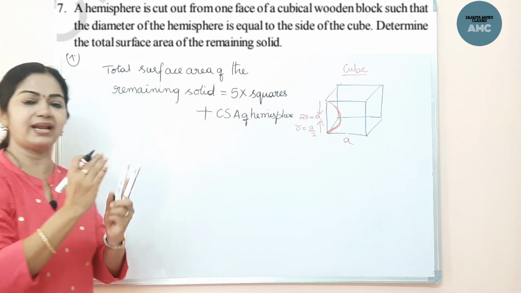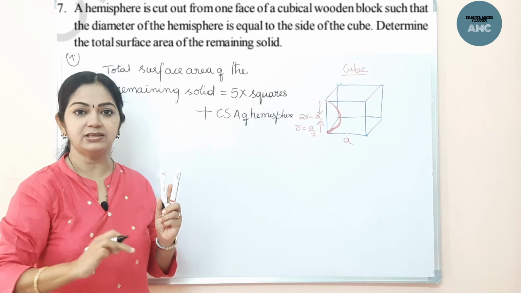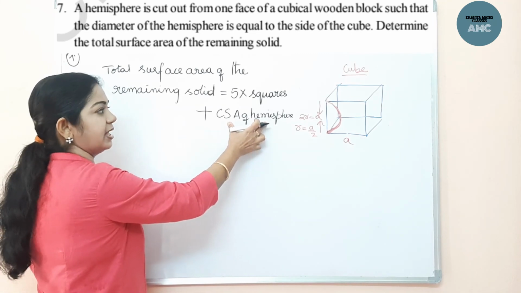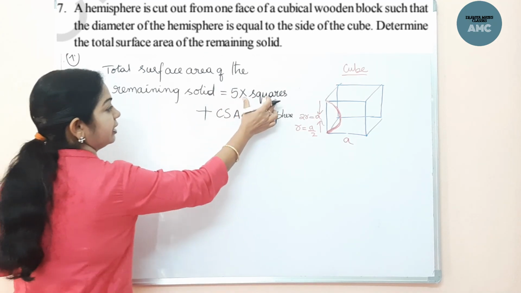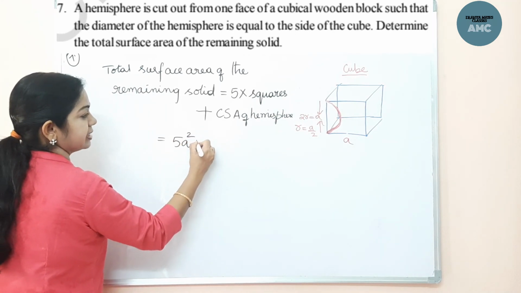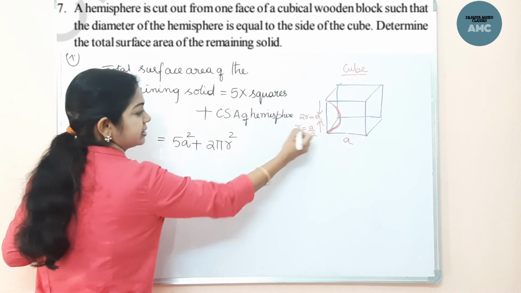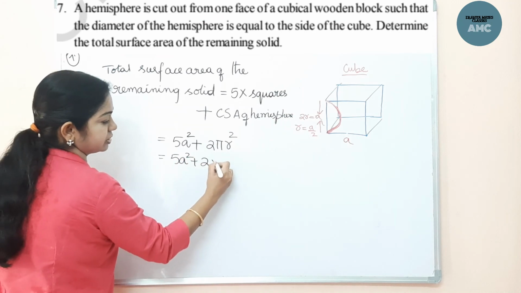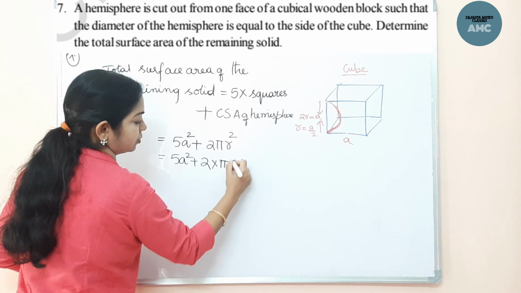So you have to understand this part. The cube has 6 square lateral faces. From one face a hemisphere is cut. So for the hemisphere I have written CSA, and the other 5 square faces. Now that comes to 5a square plus CSA of a hemisphere, which is 2 pi r square. Now what is r here? We will substitute r. 5a square plus 2 into pi into (a by 2) whole square.